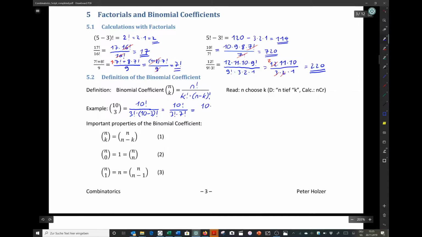Let's do it explicitly again: 10 times 9 times 8 times 7 factorial divided by 3 times 2 times 1 times 7 factorial. The 7 factorial cancels out, so what remains is 10 times 9 times 8 divided by 3 times 2 times 1. Well, 3 cancels out against the 9, the 2 cancels out against the 8, so we get in the end 120.